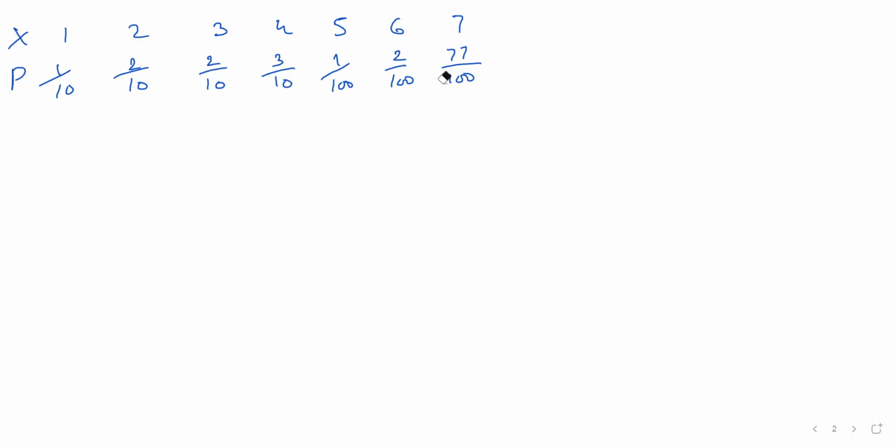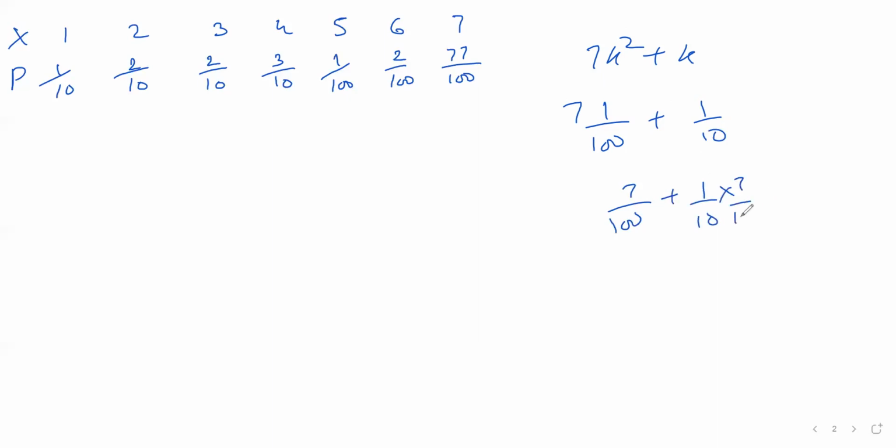And this is 7K square plus K: 7 by 100 plus 1 by 10.